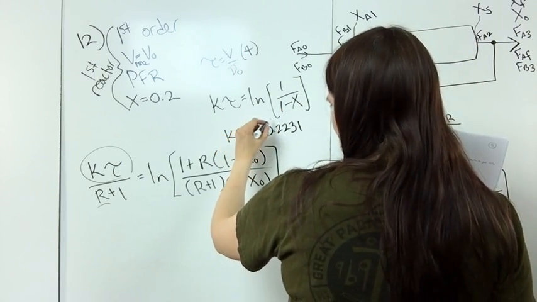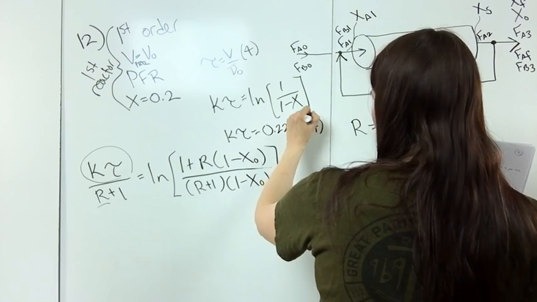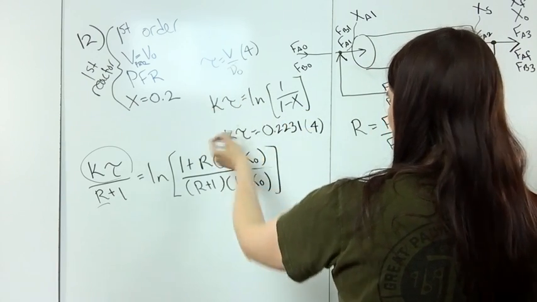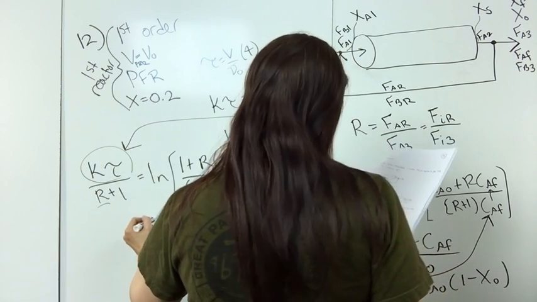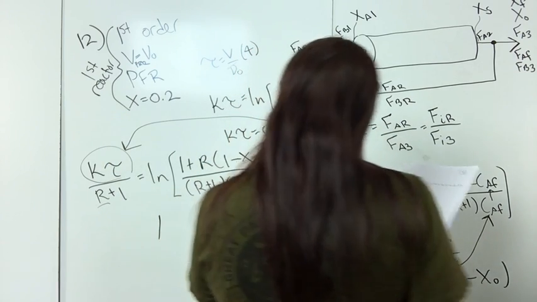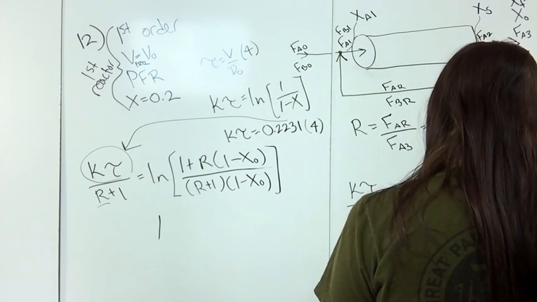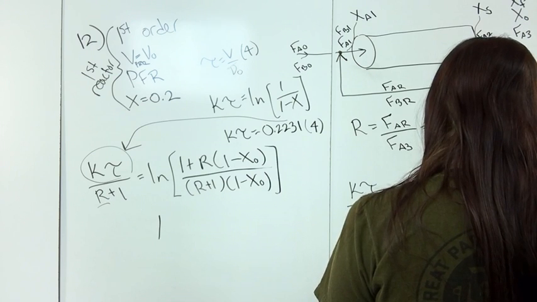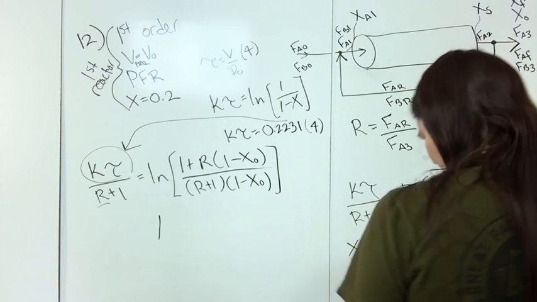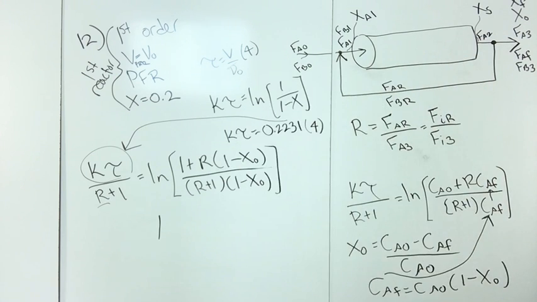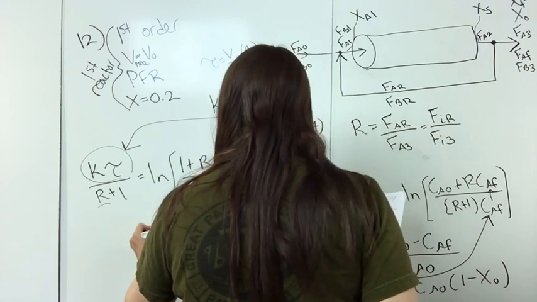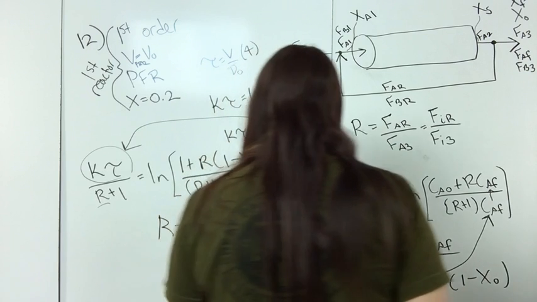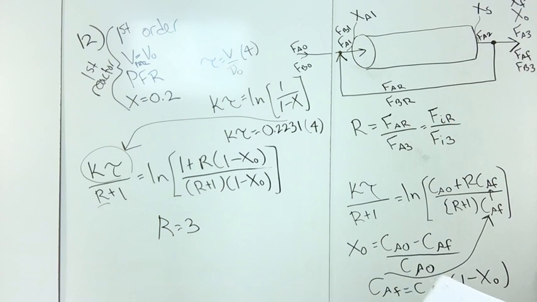Then you multiply this by 4, plug that in, and solve for R. I didn't write down the answer for R, but he gets that R is equal to 3. So anyway, that's how you do that one.